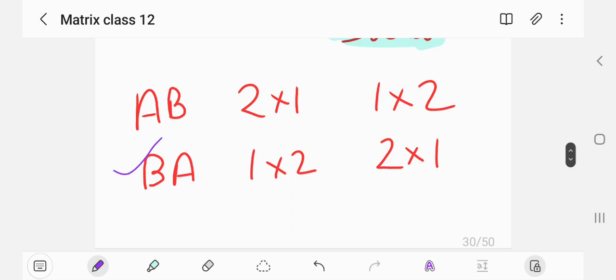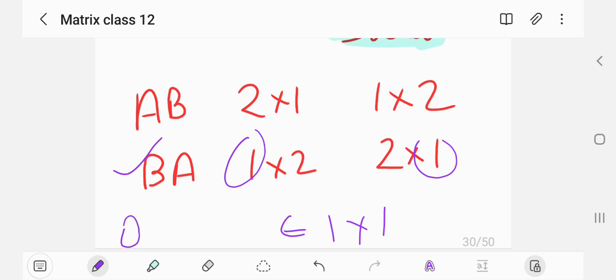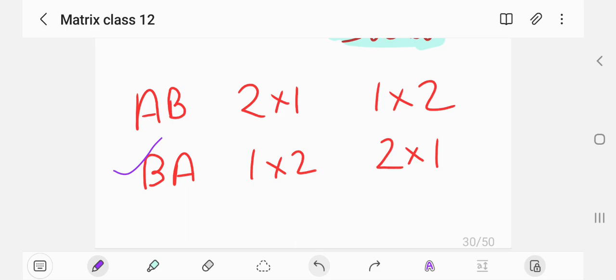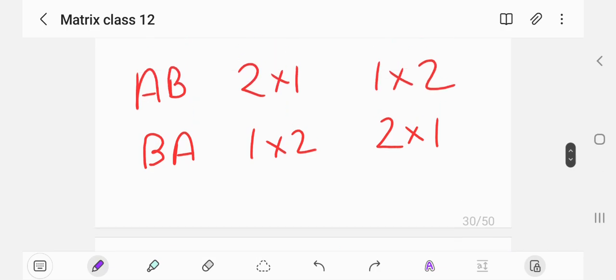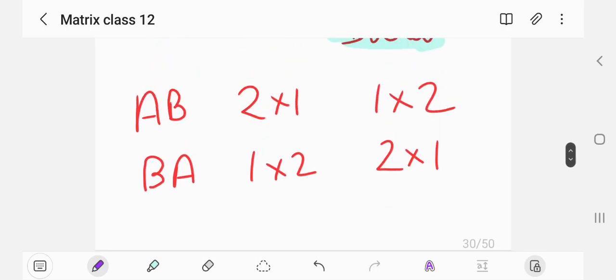If I go with BA, the resultant matrix will be of order 1 by 1, that is, only one entry. And we want this one entry to be equal to 2000, because only then will we be able to find the value of X. So we will go ahead with BA, although both AB and BA are possible because of the orders of the matrices.